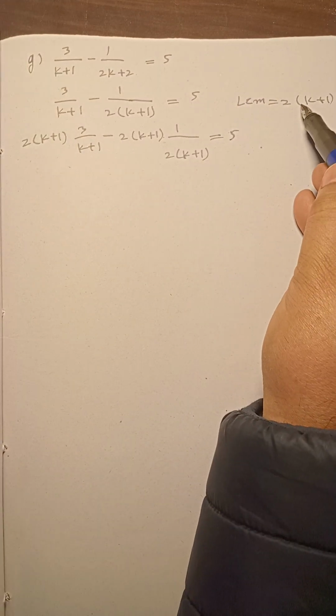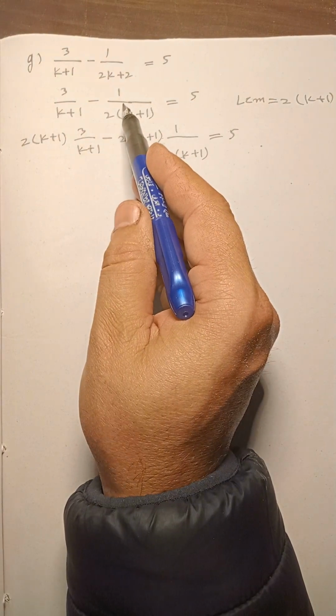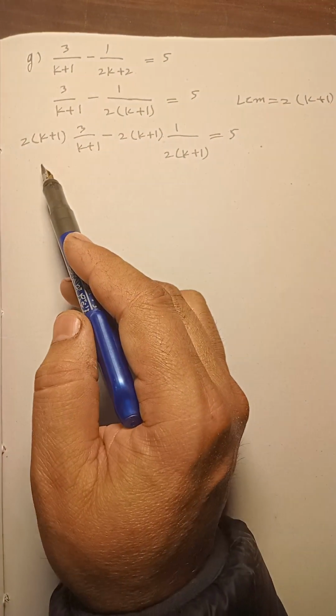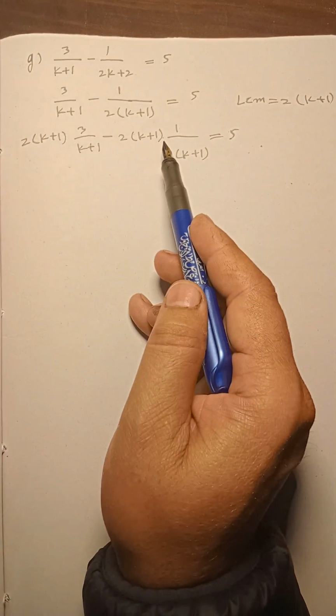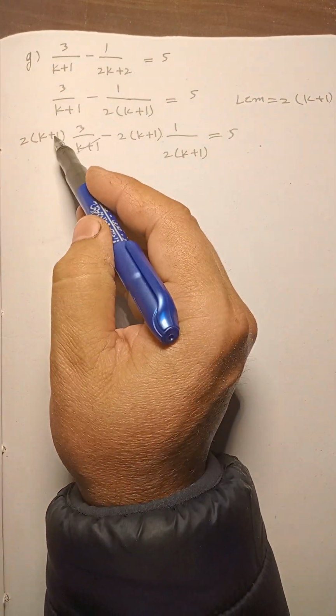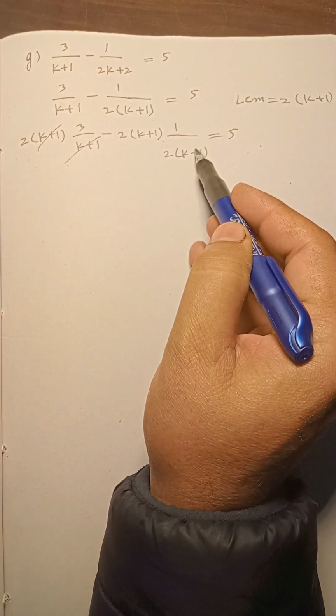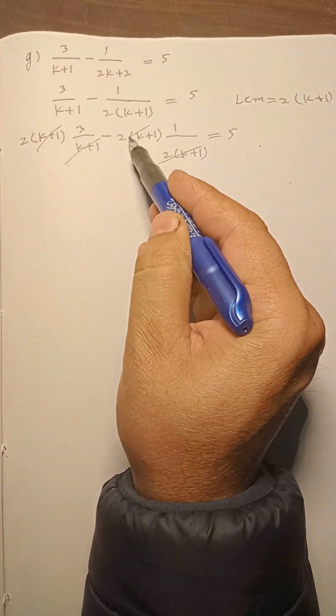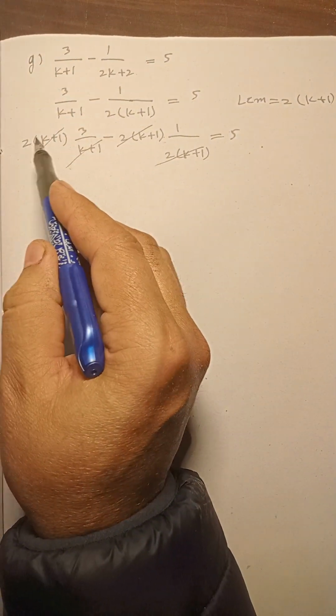I have multiplied 2 into k plus 1 with this fraction and with this fraction as well. Now we have to cancel out this. This k plus 1 can be cancelled by this one, and this whole can be cancelled by this whole one.